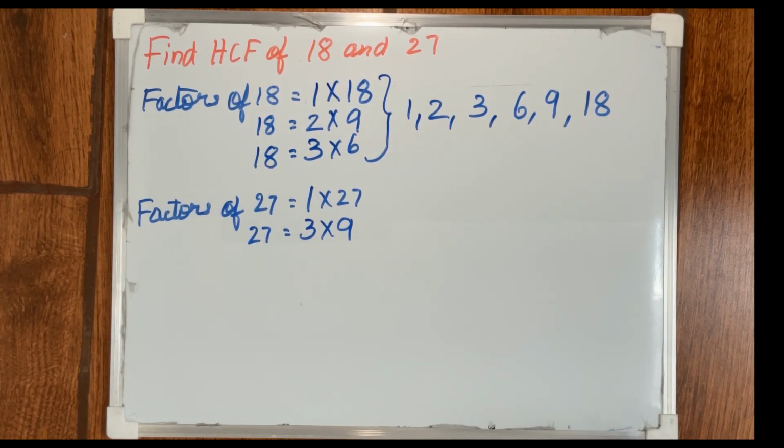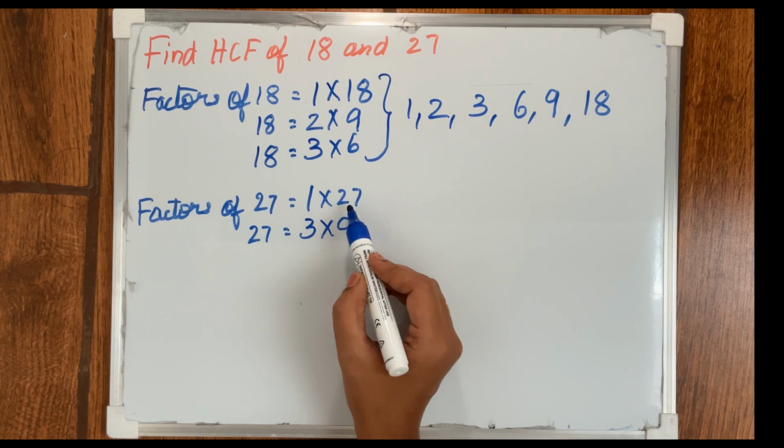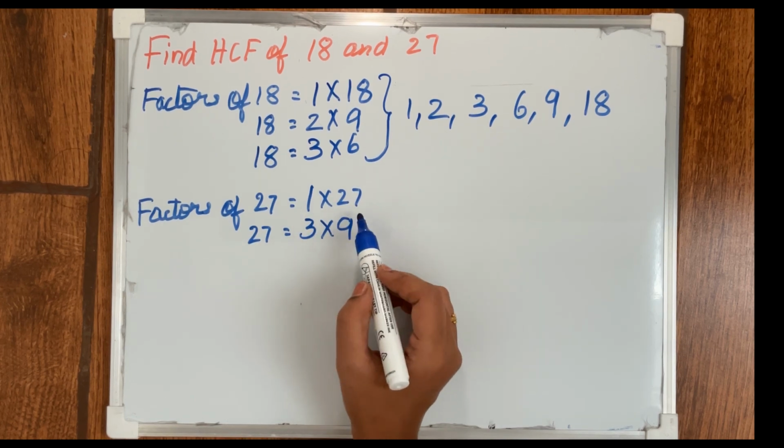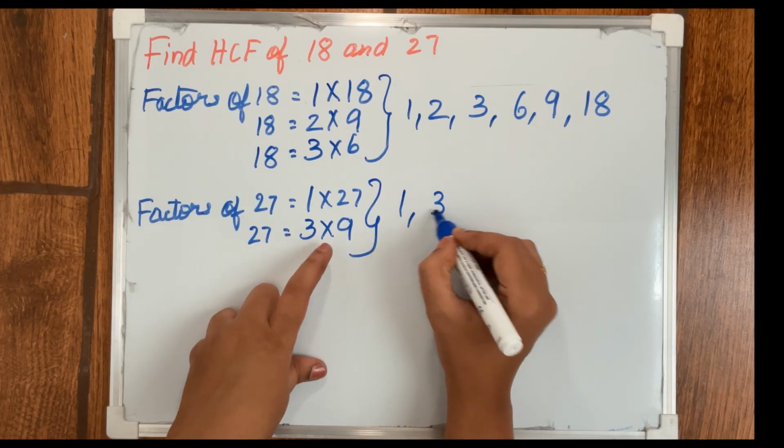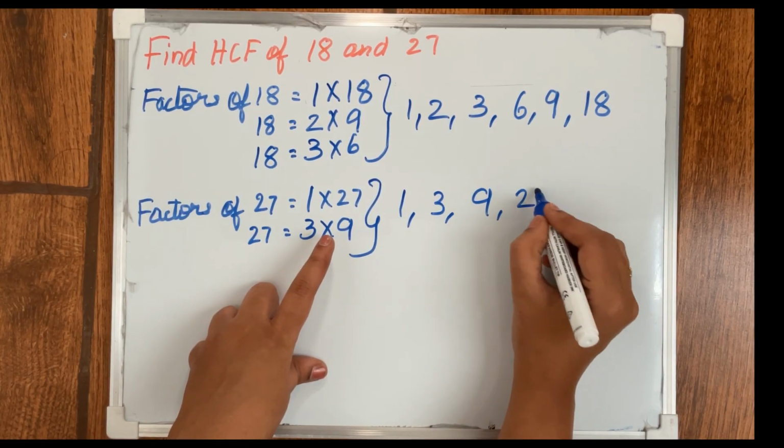No. 21? 22? 23? 24? 25, 26, 27. So 27 ones are 27, we have already written. So the factors of 27 are 1, 3, 9 and 27.